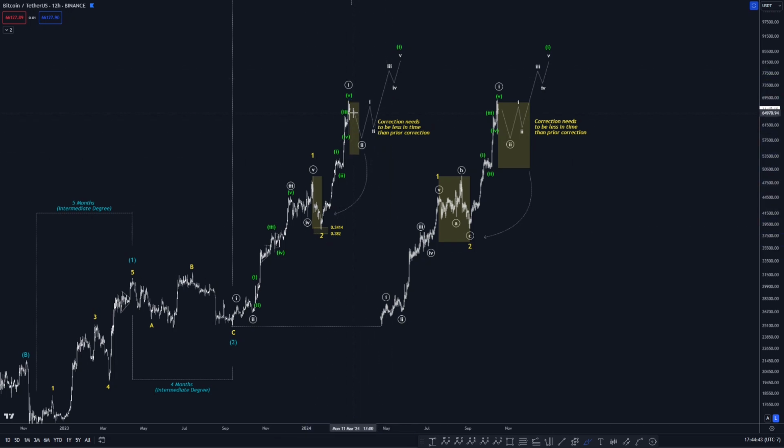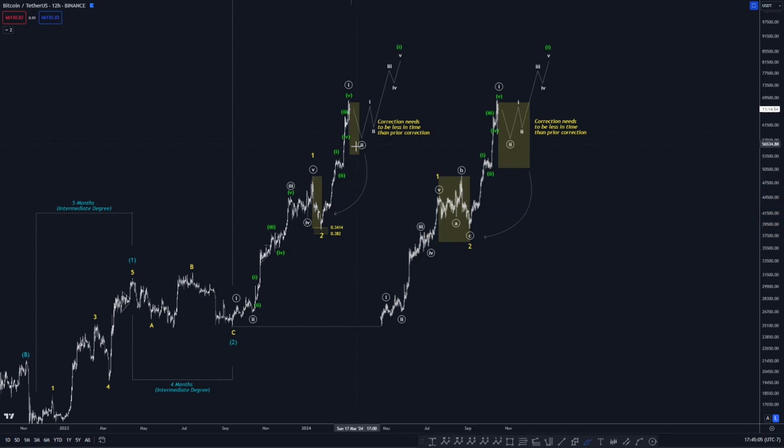Because this correction that we're looking for, the wave 2, needs to be smaller in time than the prior correction of the higher degree. This is why I favor this count more, because if we look at this as a flat pattern, this gives us a lot more time to play around with.